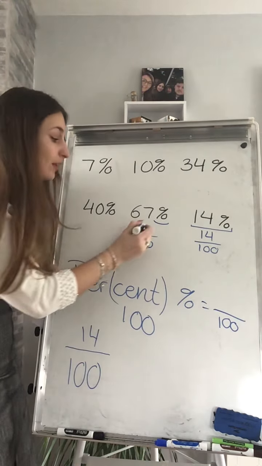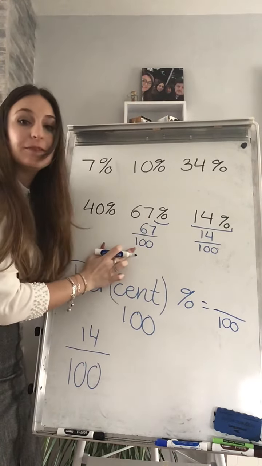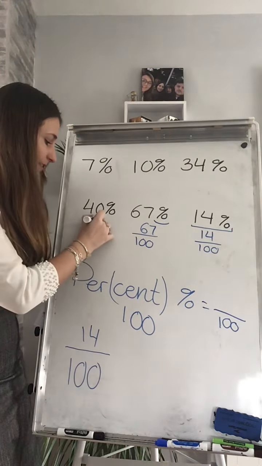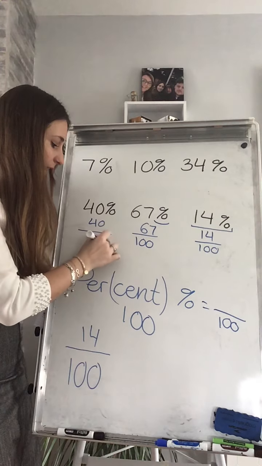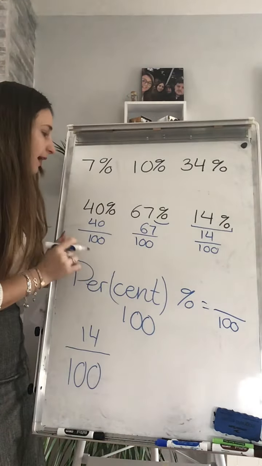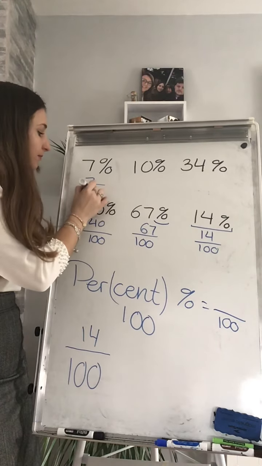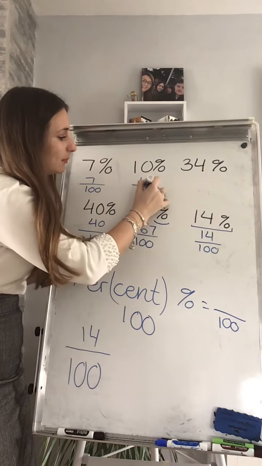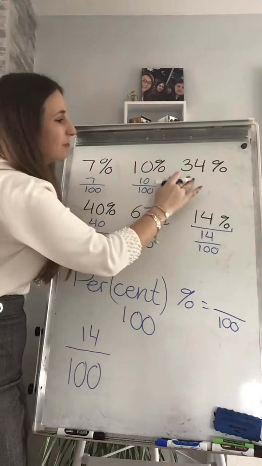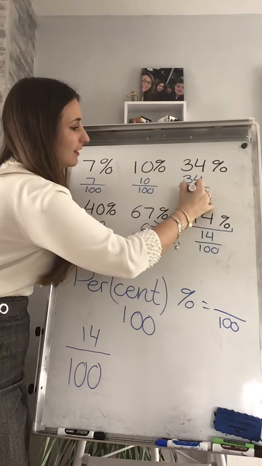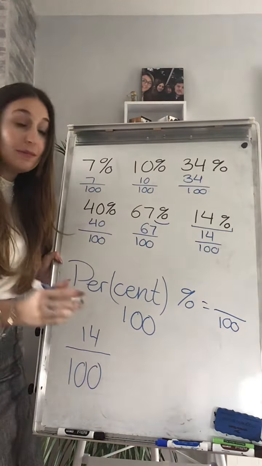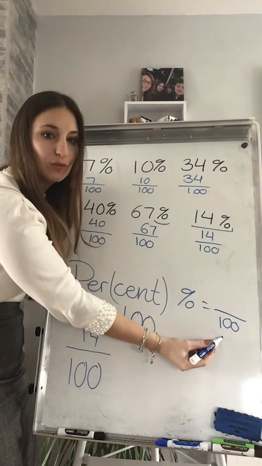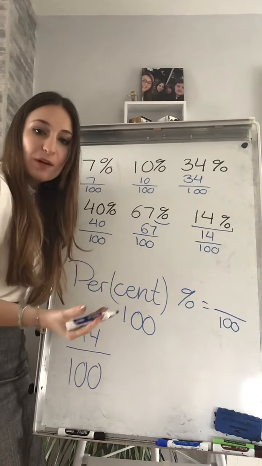My numerator, I know then that I have 67 hundredths. What about 40%? Simple, isn't it? 40 hundredths, 40 out of 100. What about 7%? Same, 7 hundredths. What about 10%? 10 hundredths. What about 34%? 34 hundredths. Okay, because remember that percent, cent, hundred, means the same as out of 100. How many you shade, how many you've taken.